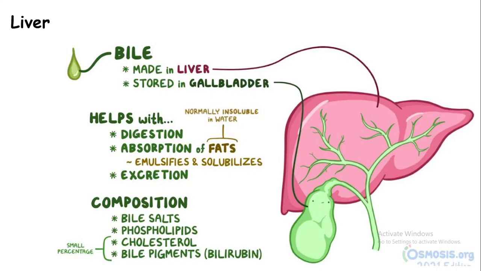Yes, so what role does the liver play? I already mentioned in the initial slide that the liver produces what we call bile juice. So bile is made in the liver. Though it is made in the liver, the liver already has so many things to do, so it does not have a place to store bile.